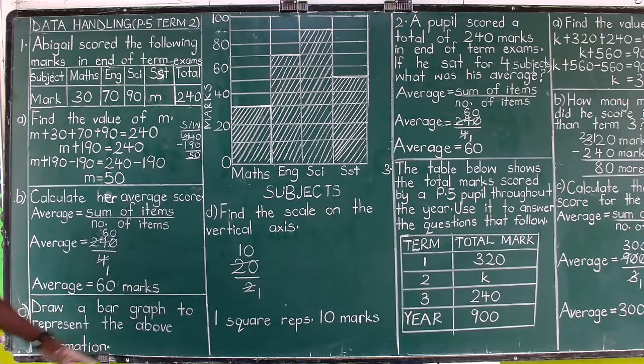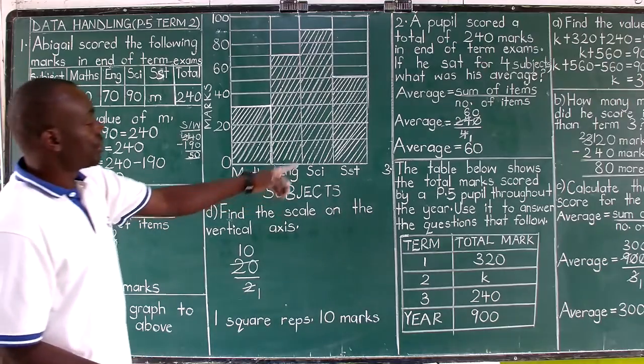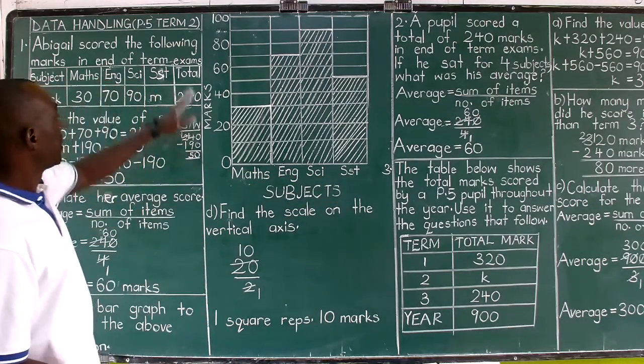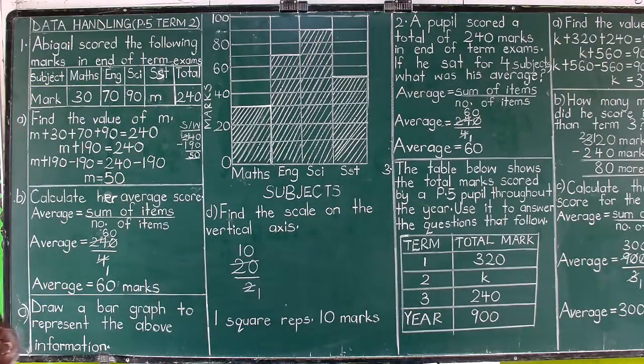Draw a bar graph to represent the above information. So you're obligated to draw a bar graph, that's 4 bars, a bar per subject, that's math, English, science, and SST, and then shade accordingly.